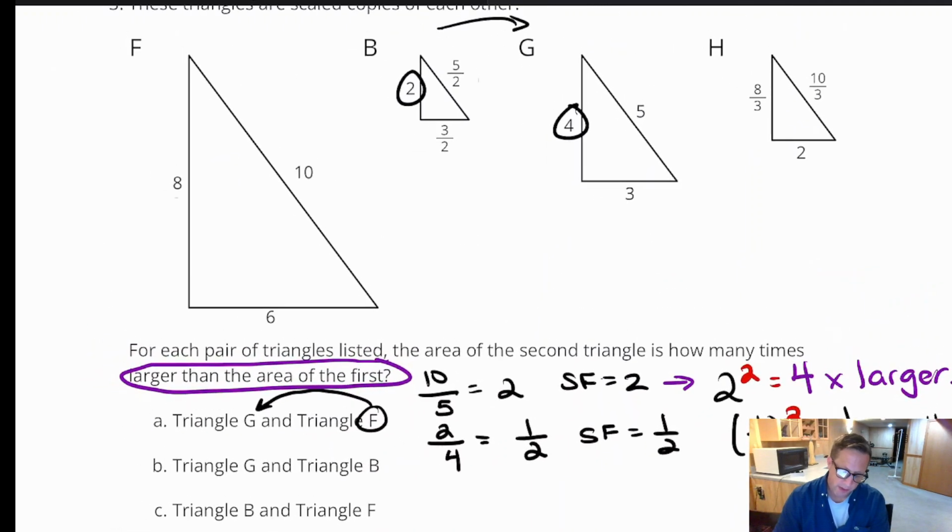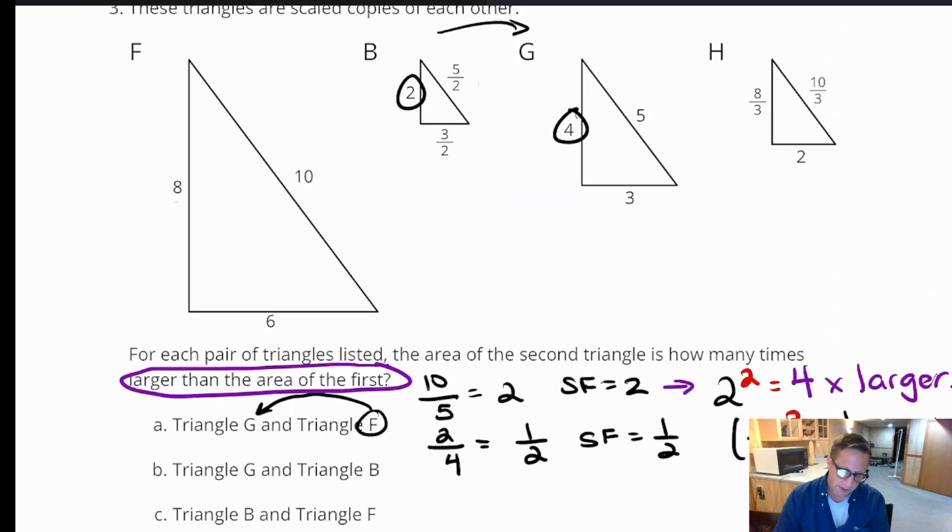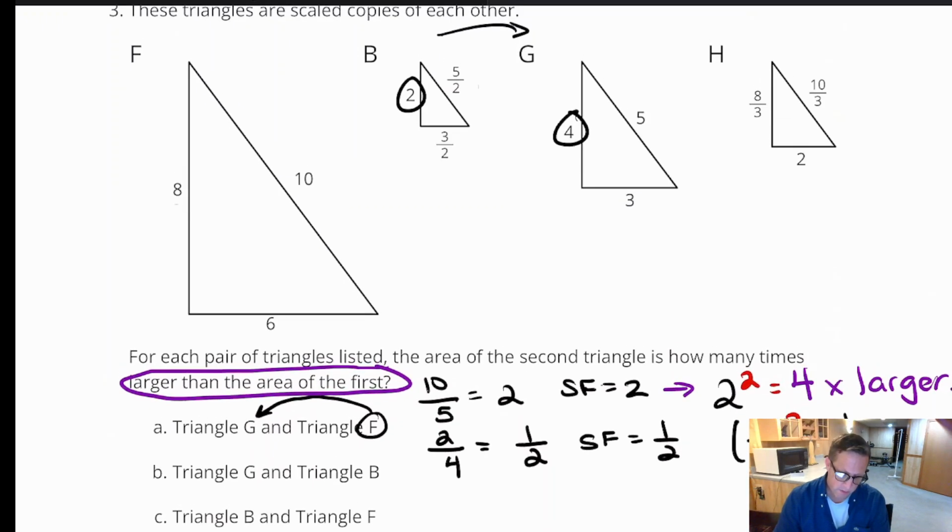All right, F to B. For F to B, what can we do here? Oh, this is easy.